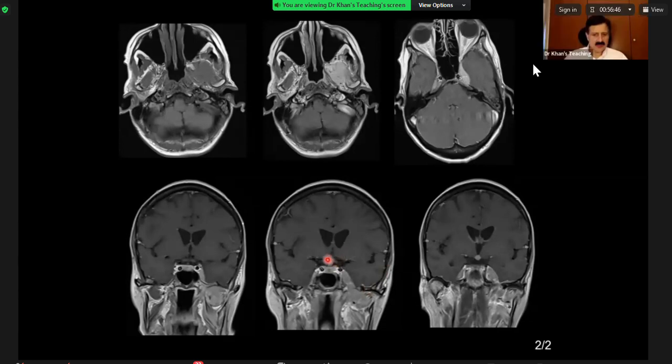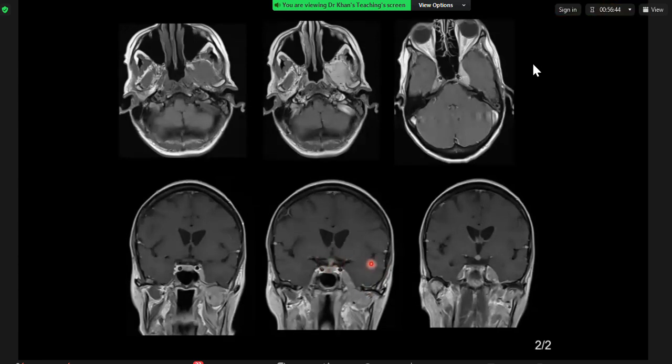What is this? So that is our suprasellar system. So that's infundibulum, and on the last image there is the hypothalamus.